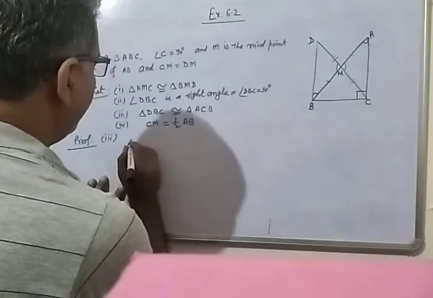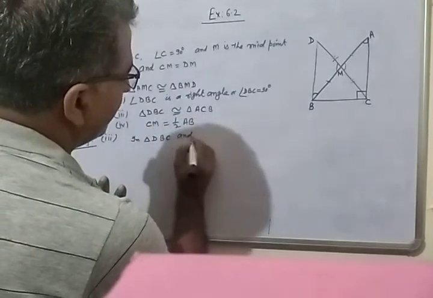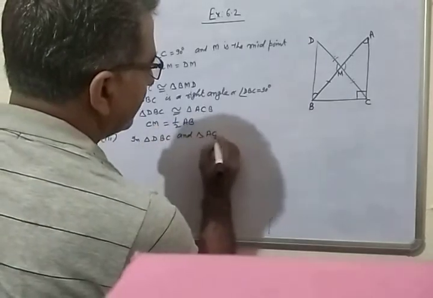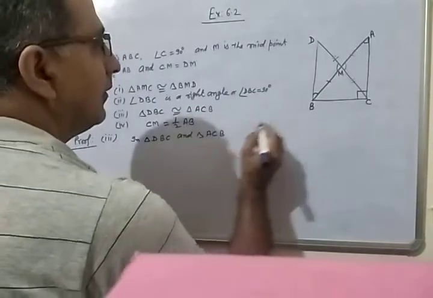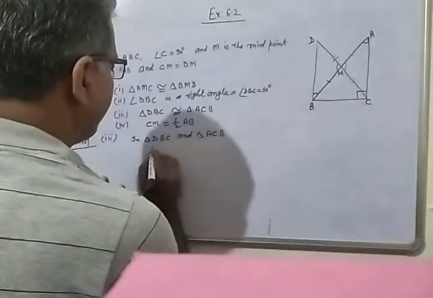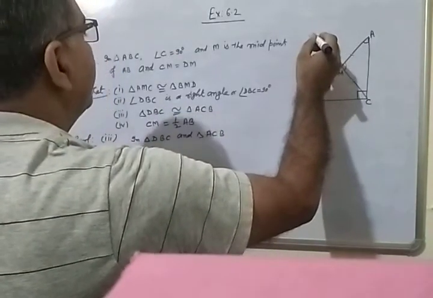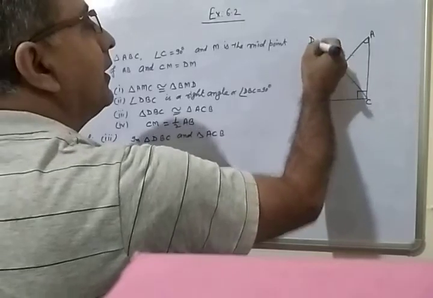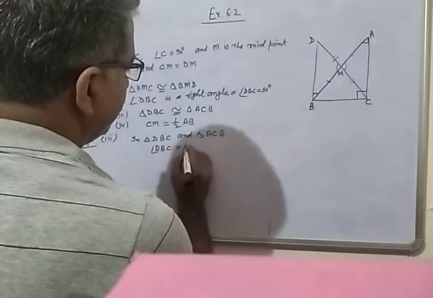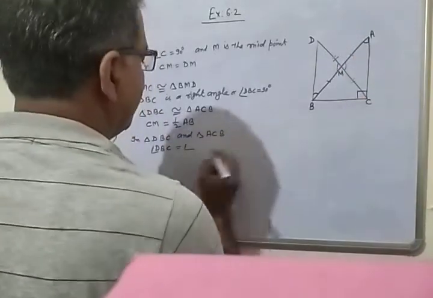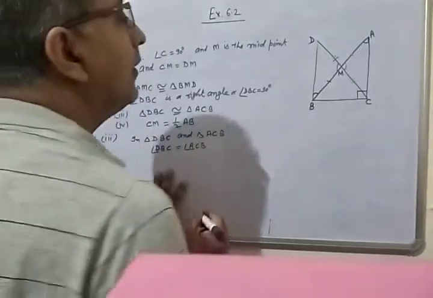Take in triangle DBC and triangle ACB, angle DBC equals angle ACB, that is proved above.